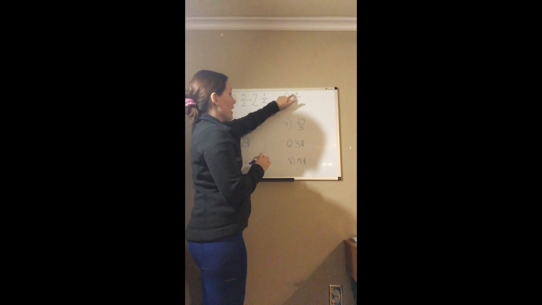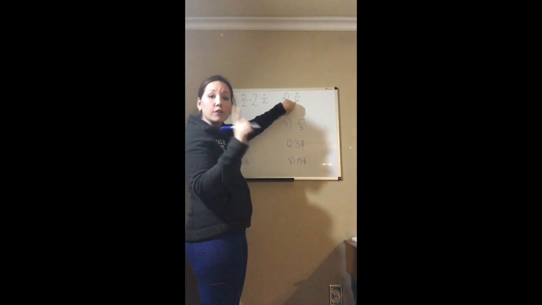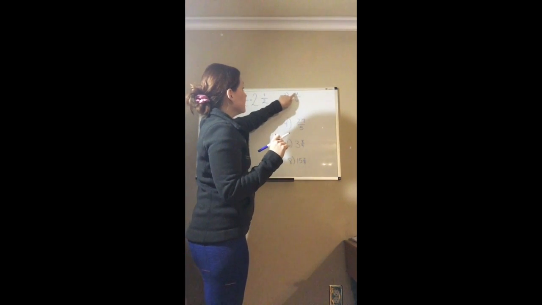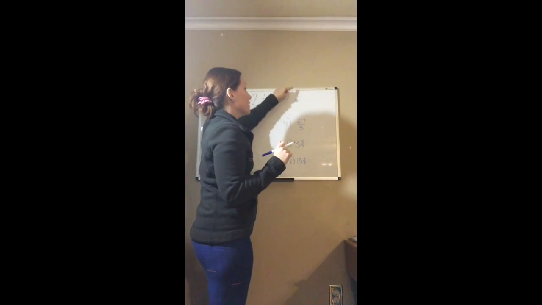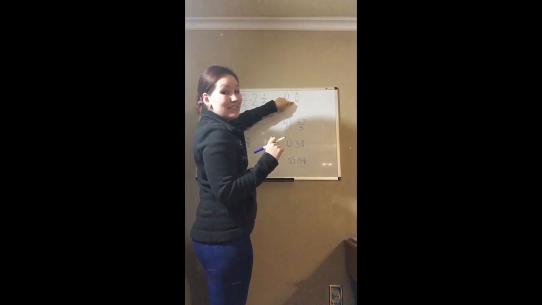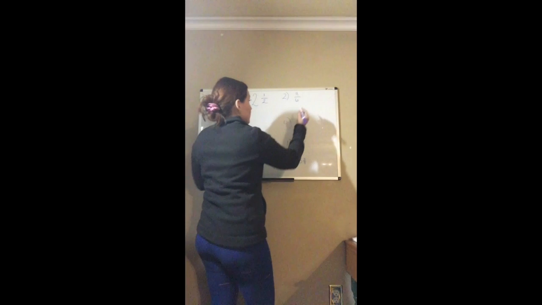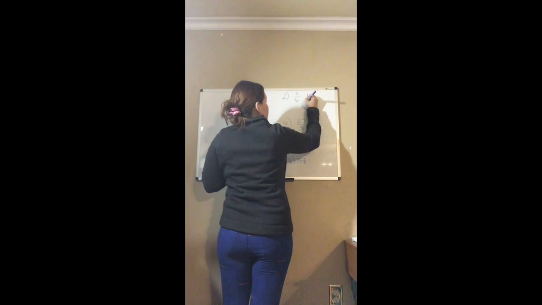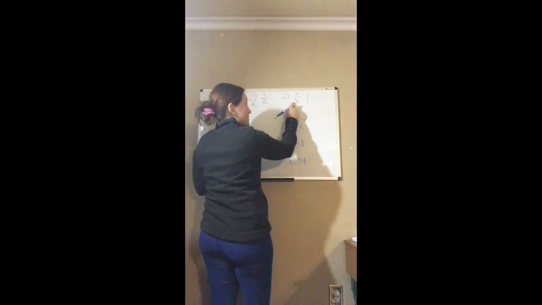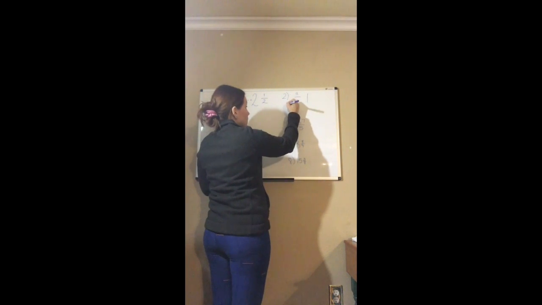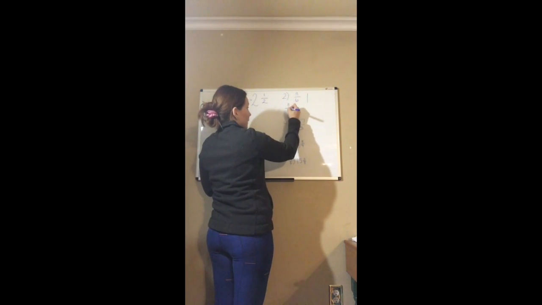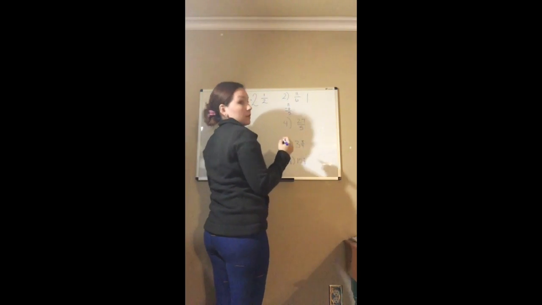So looking at the next one, we have 11 over 6. Again, our first step is to divide this numerator by the denominator. So 11 divided by 6 will give us 1. 1 times 6 will give us 6. So then we take our numerator and subtract 6, which will give us 5 left over.